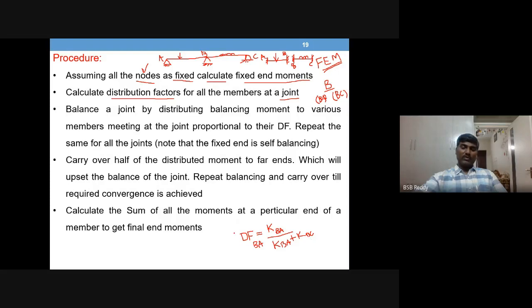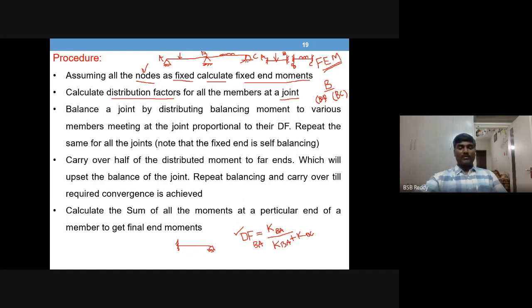Before you calculate this, you must calculate stiffnesses of all the members for the ends that you are taking. So KBA. You have to take BA. A is fixed, so B must be released. What is K for this?